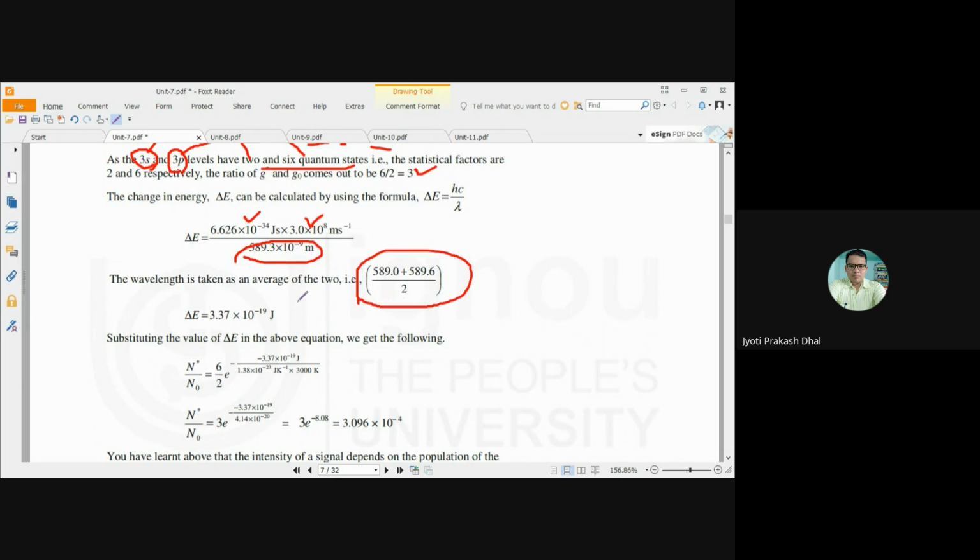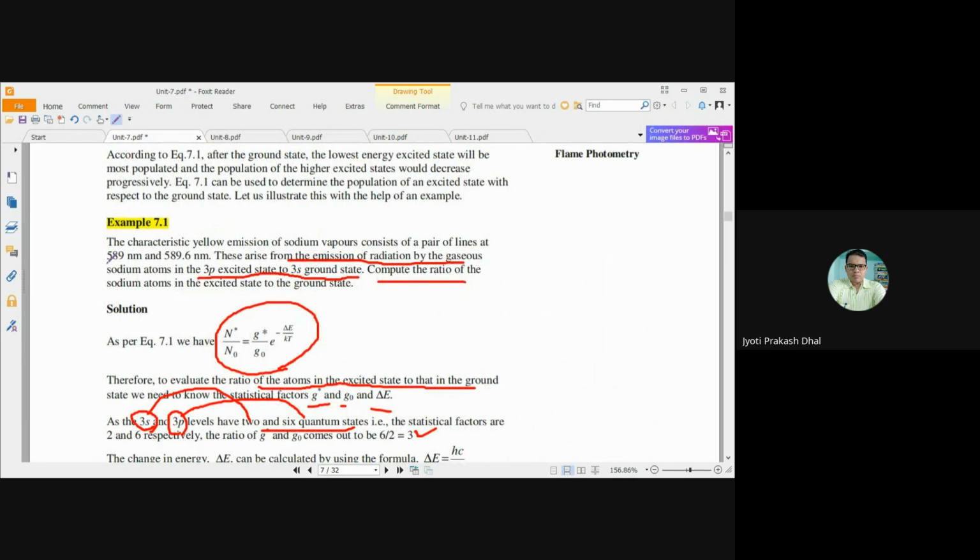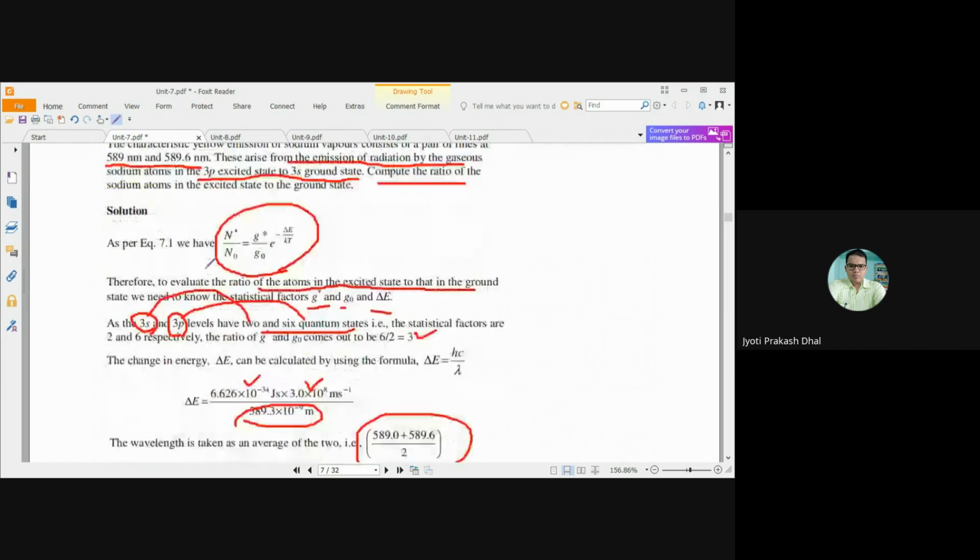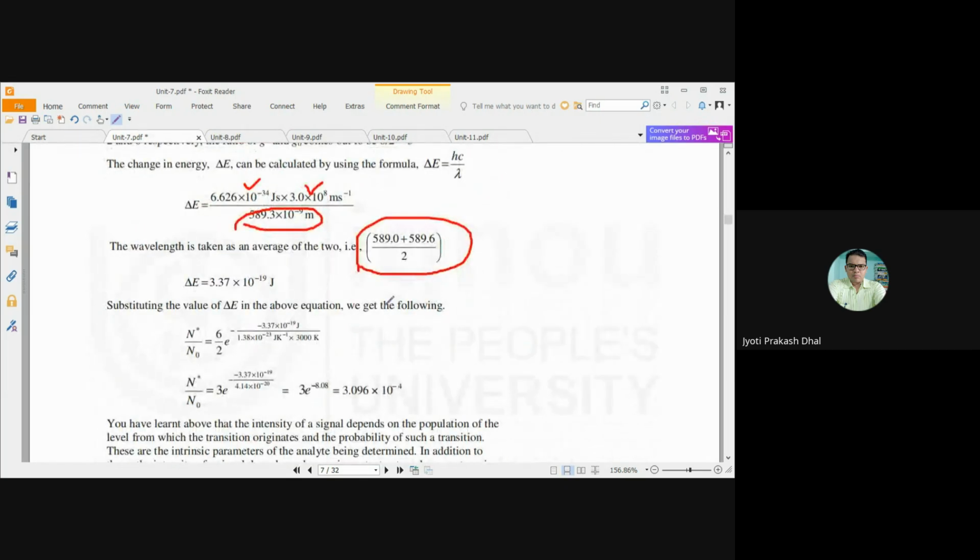So the wavelength is considered as the average of the two given in the question, a pair of lines at 589 nanometer and 589.6 nanometer. The average of the two gives 589.3 nanometer, that is 589.3 into 10 to the power minus 9 meter.